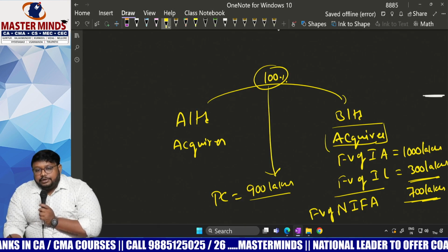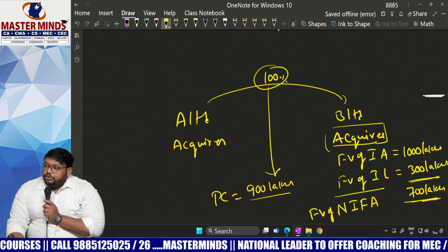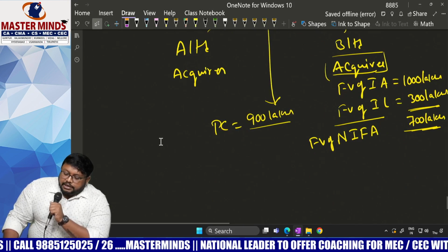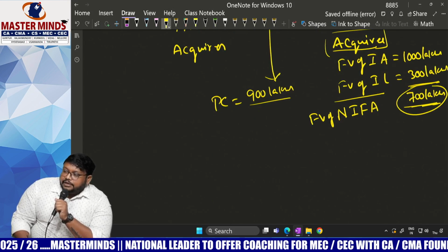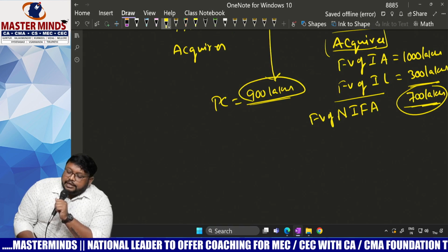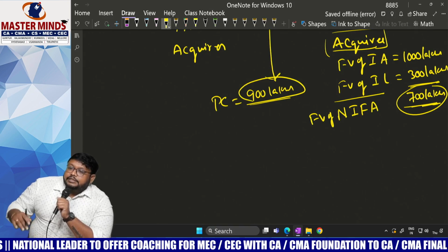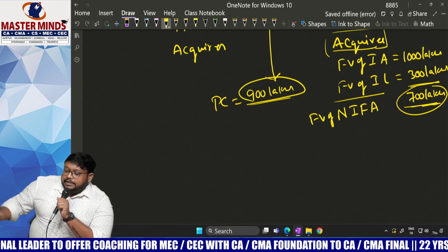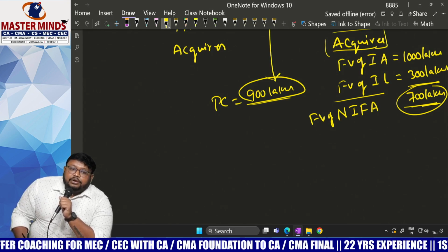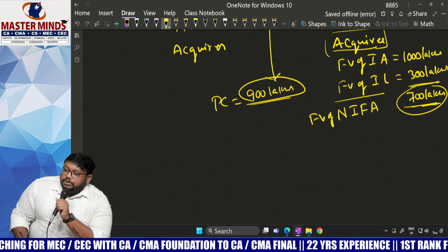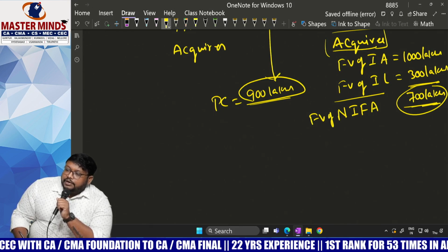I am paying extra amount, and that extra amount I am paying for goodwill. Net identifiable asset is 700 lakhs, but purchase consideration is more than the share of net identifiable assets. I am getting 700 lakhs worth business, but I am paying 900 lakhs. So the extra amount I am paying results in goodwill. So we can find goodwill like that.